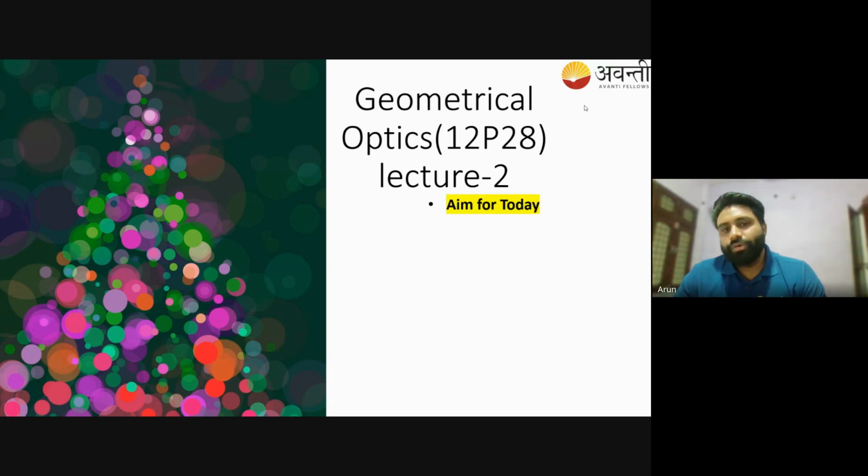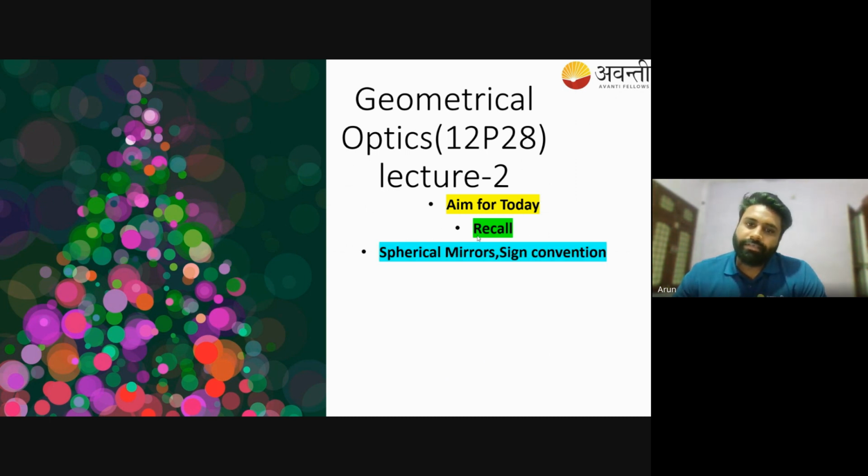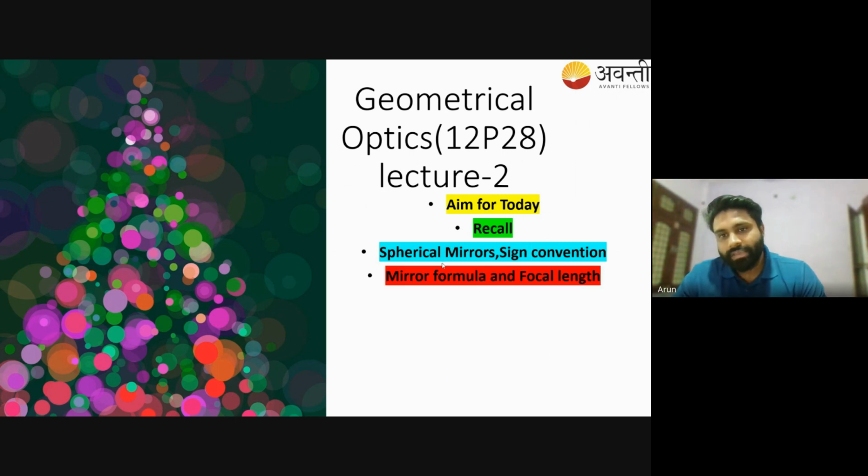So what is our aim for today? The aim is firstly, as previously, we would first recall something, and then spherical mirrors and sign convention we are going to study, then the mirror formula and the focal length.